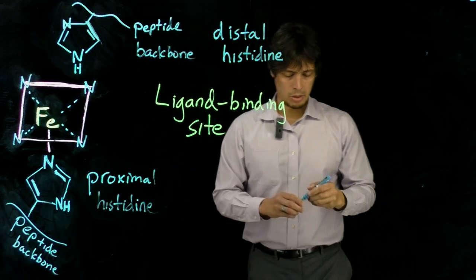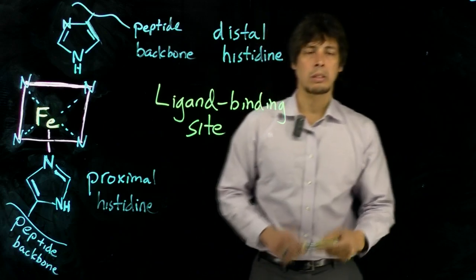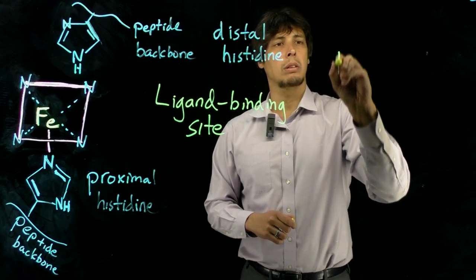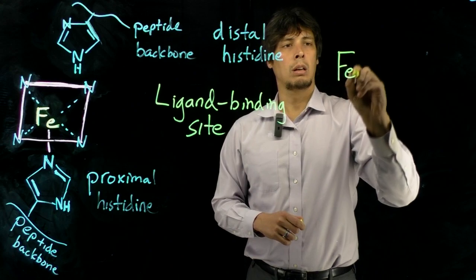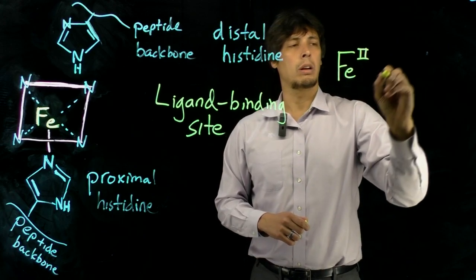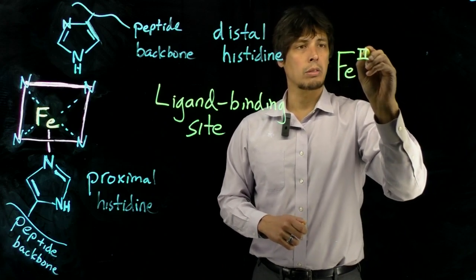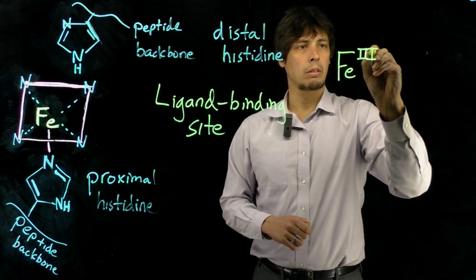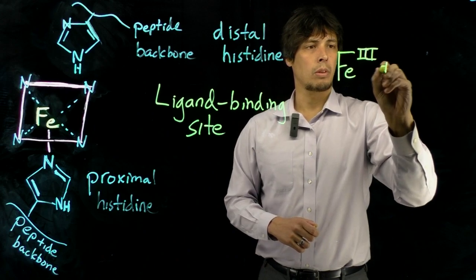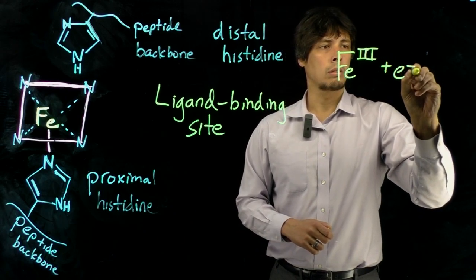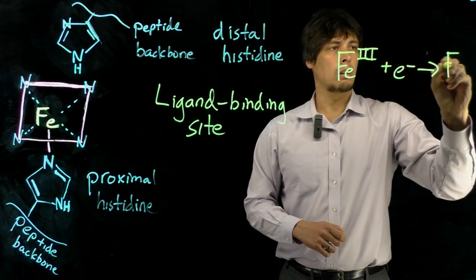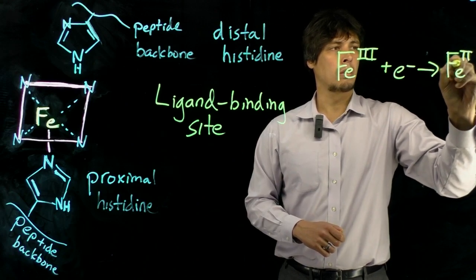All right, so iron typically exists in one of 2 oxidation states. These are the most common forms for iron. We can either have iron 3, or we can add an electron to this and get iron 2.